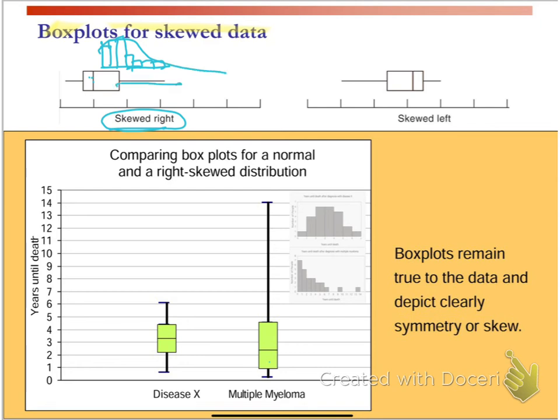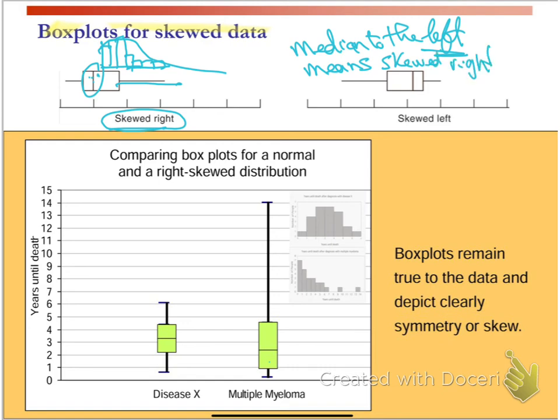Skewed to the right means the tail to the right, or you can look at the median here. The median is to the left, okay? So median to the left means skewed right, and the other way around.